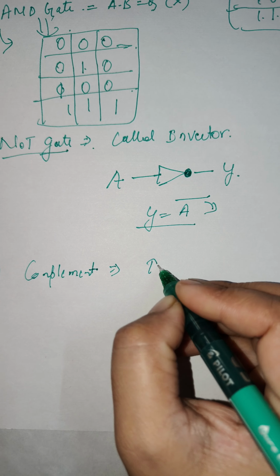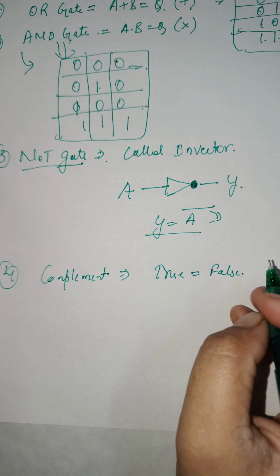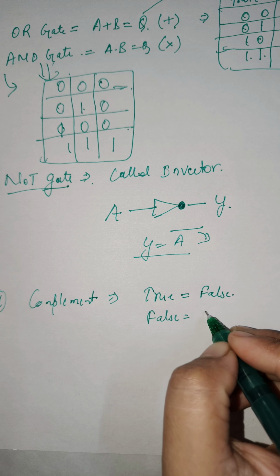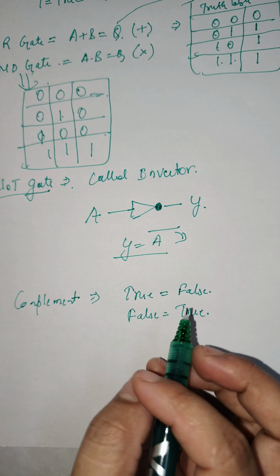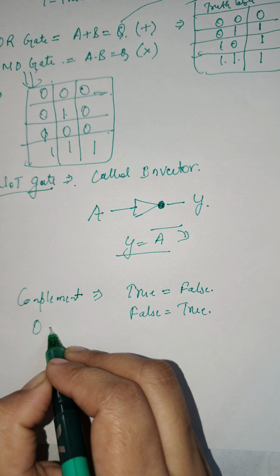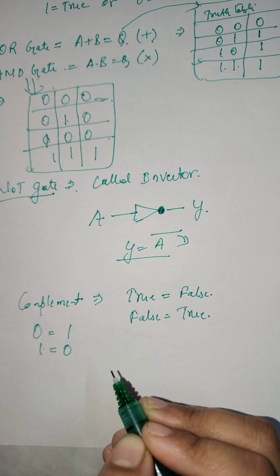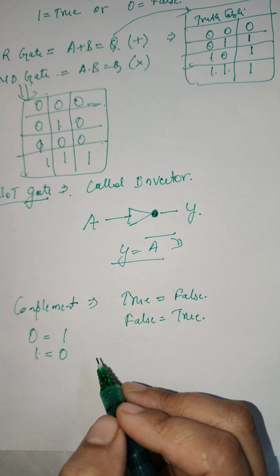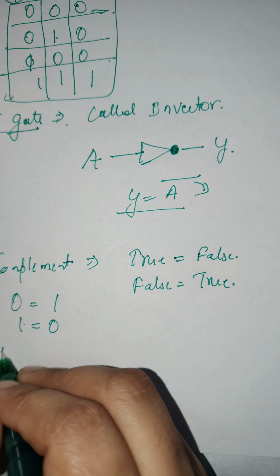If we have an input true, then the output will become false, and if we have an operand false, then the output becomes true. That is basically what complement deals with. In simple words, if 0, then the complement is 1, and the complement of 1 is 0.